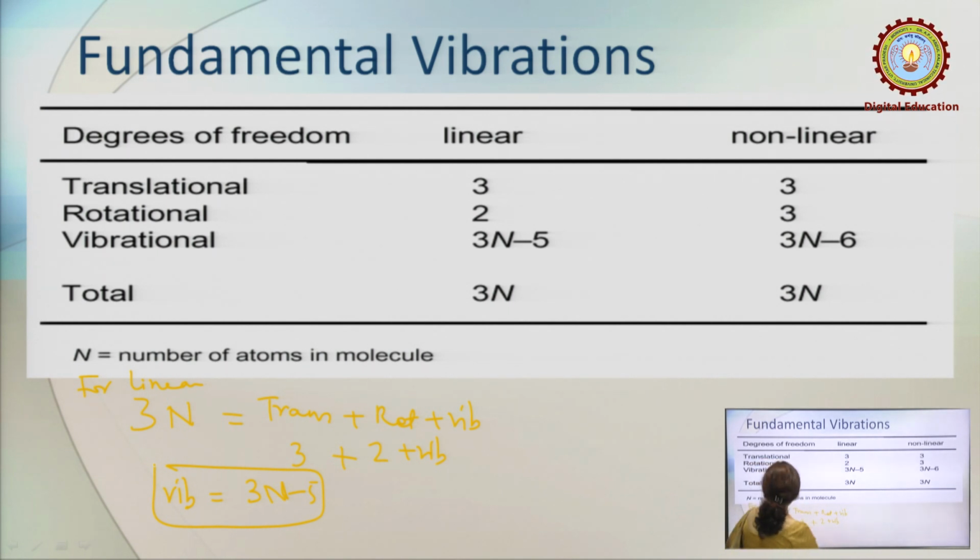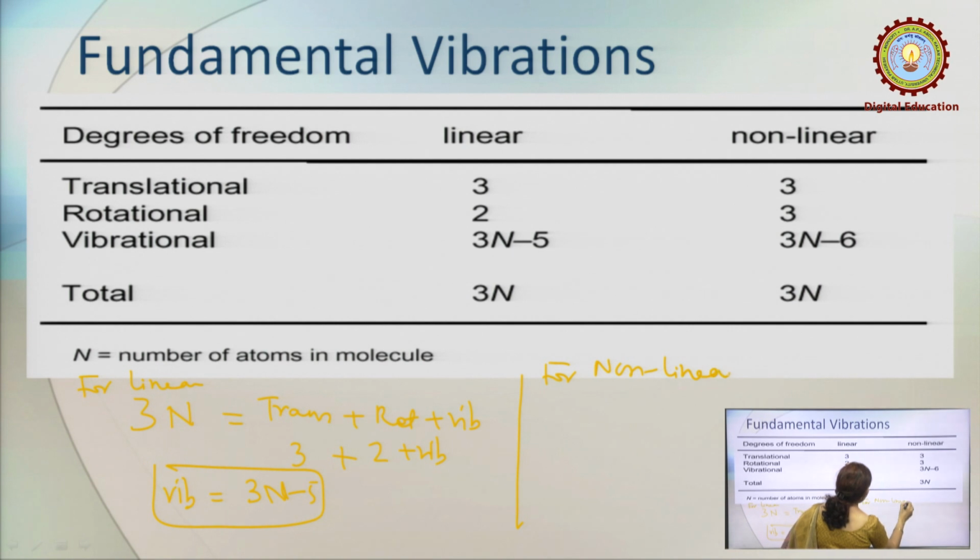Likewise, for non-linear molecules, where n is the number of atoms, we have translational plus rotational plus vibrational freedom. There are 3 translational and 3 rotational degrees of freedom in non-linear molecules, and with the help of this we can calculate the number of fundamental vibrations.